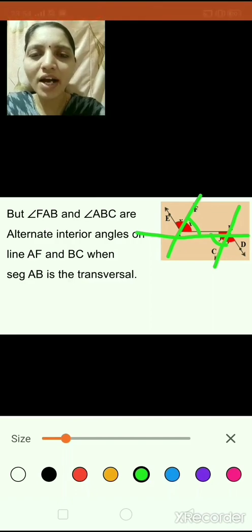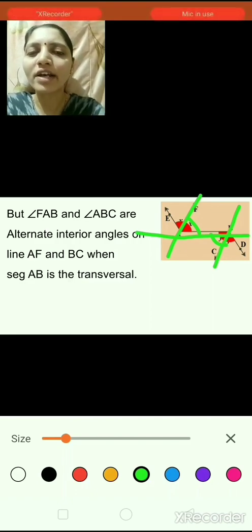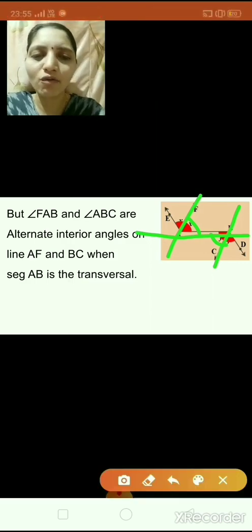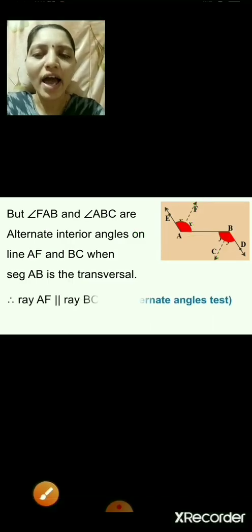So if the alternate angles are congruent, we can write that the two lines are parallel. Therefore, we can write here ray AF is parallel to ray BC by alternate angles test.